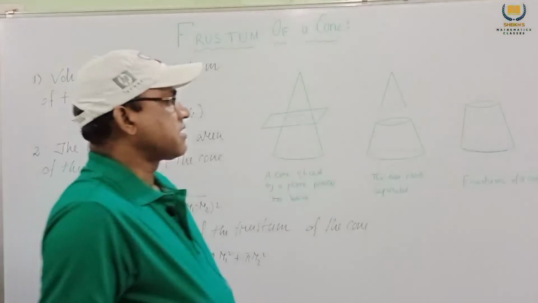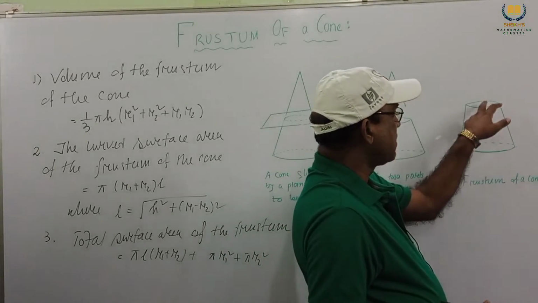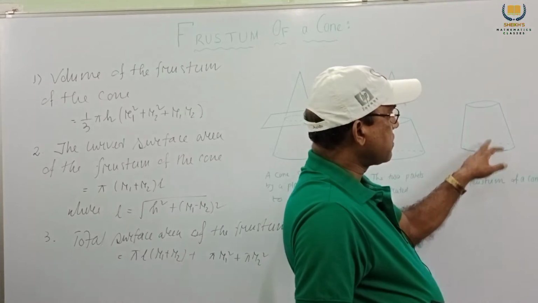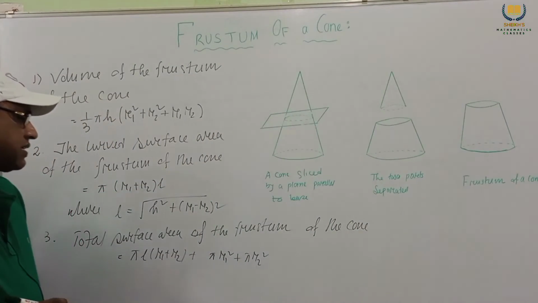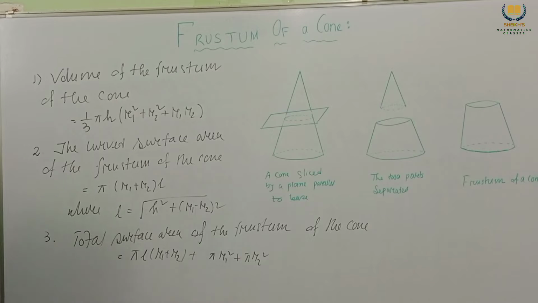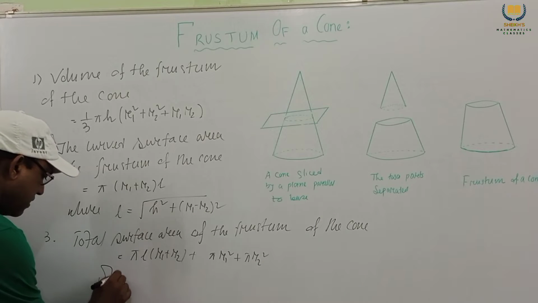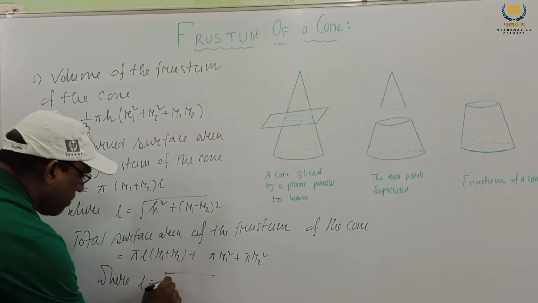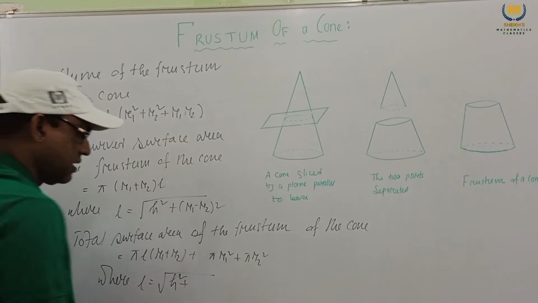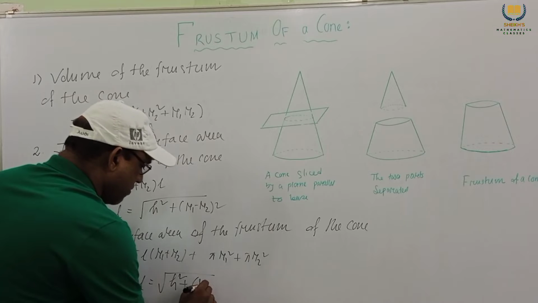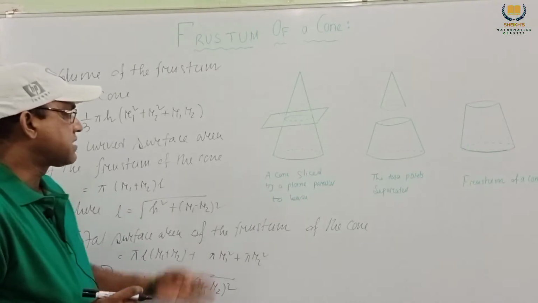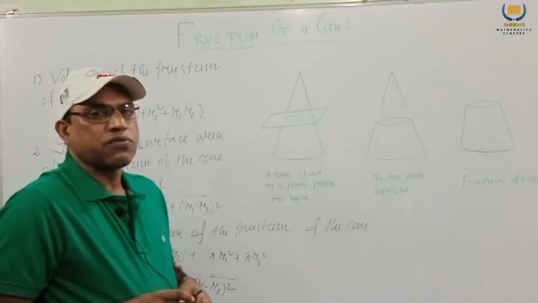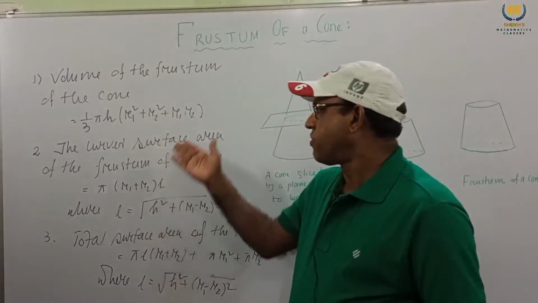That means the lateral surface area plus these circles. This is pi R1 square plus pi R2 square, and this is pi RL, where R means R1 plus R2. This is the total surface area of the frustum of the cone, where L equals root over h square plus (R1 minus R2) whole square. These are the formulas. So we shall solve some problems by using these formulas.